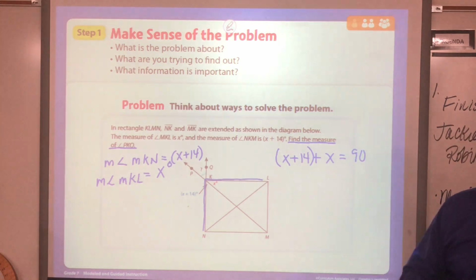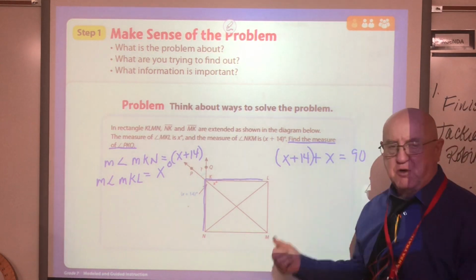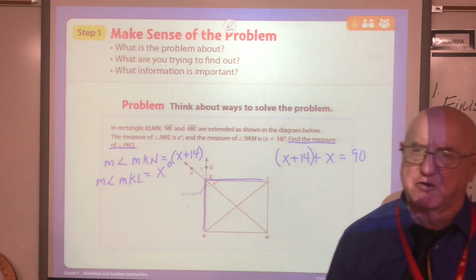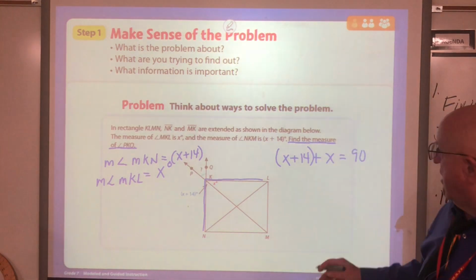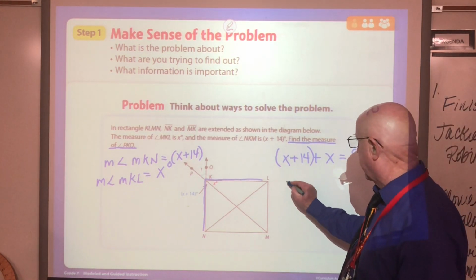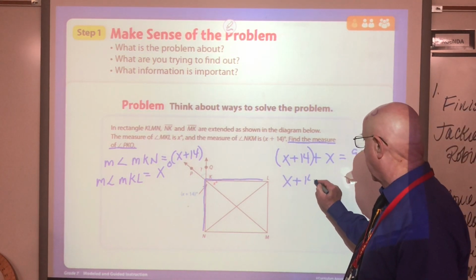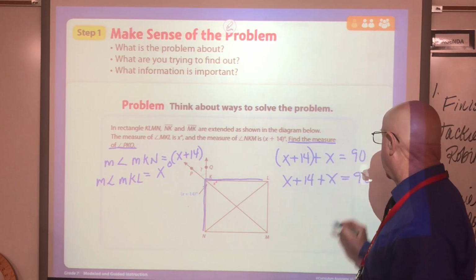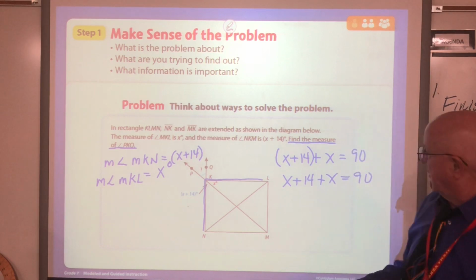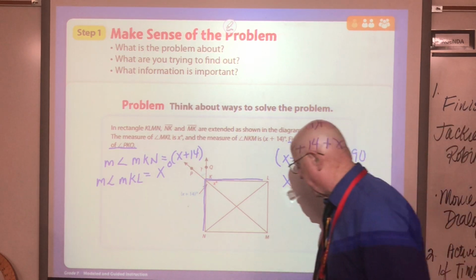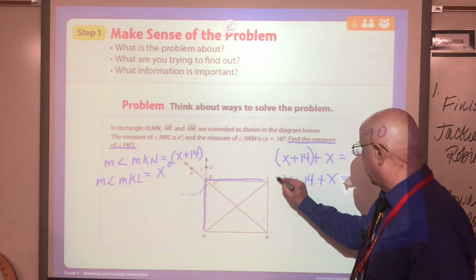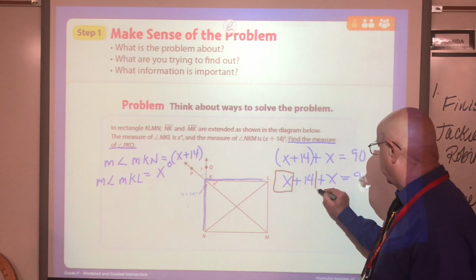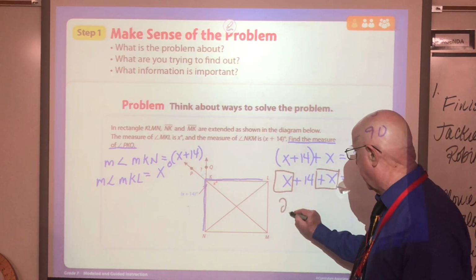Now, because we are just adding, there's no multiplication or division, we can just remove the parentheses and say X plus 14 plus X equals 90. All right? And then we combine like terms. We've got an X here and a plus X here. That's going to give us 2X.